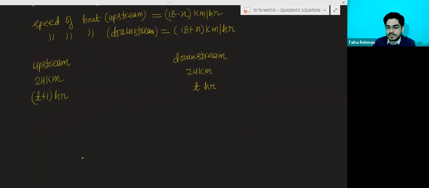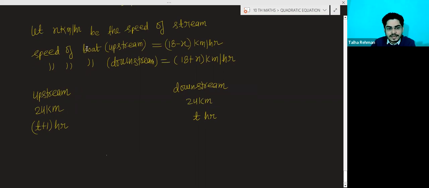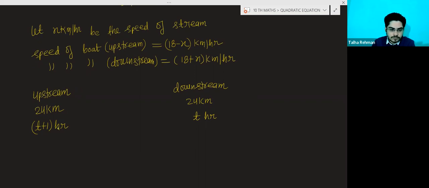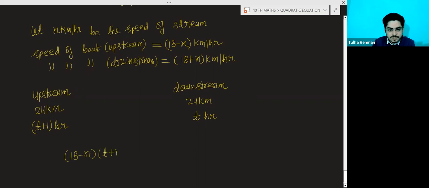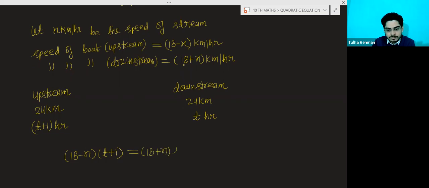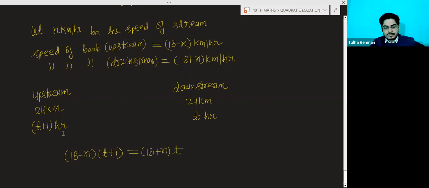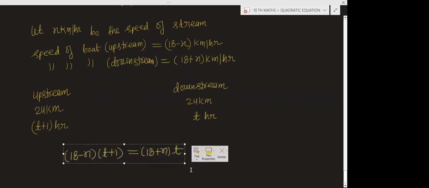For the upstream, first write the equation of the distance: upstream speed multiplied by upstream time, 18 minus x into t plus 1, equals 24 kilometers. And for downstream, you will write 18 plus x into t, equals 24. Understood, Azaan, till here? Yes, sir.